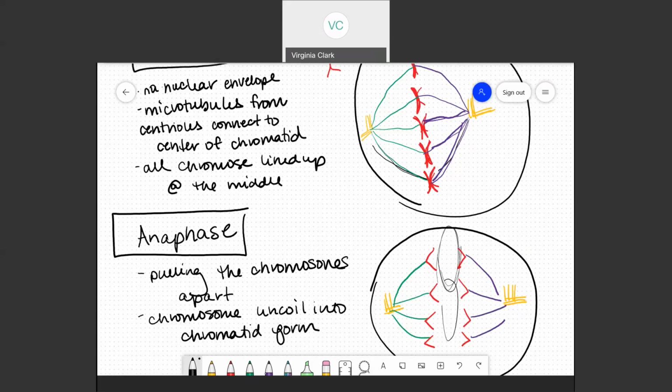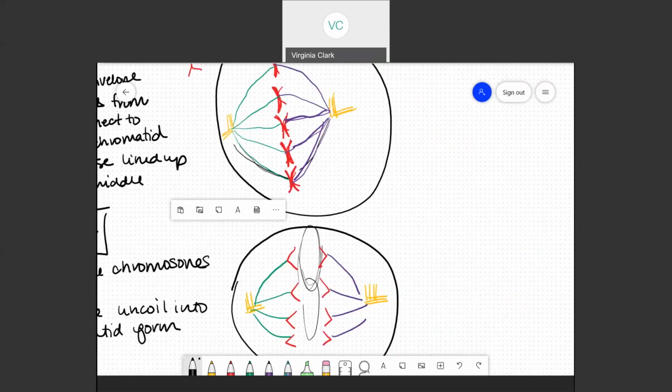So what is actually happening with this guy? What I like to do is describe an umbrella. If you are outside in the rain, this is what your umbrella looks like. But what happens if it's really windy? Your umbrella goes from this to essentially inverted like this, right? If it's really, really windy, your umbrella actually blows up. Well, that's what's happening with these sister chromatids or these chromosomes.